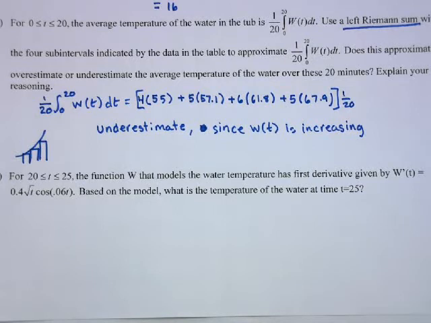Okay, so for 20 to 25, the function w that models the water's temperature has a first derivative given by 0.4 root t cosine 0.06 t. Based on the model, what is the temperature at 25?